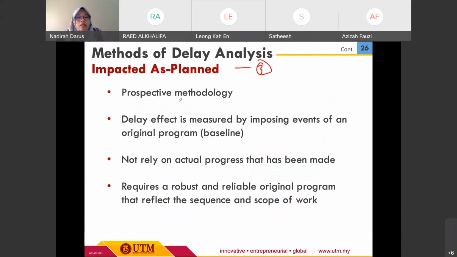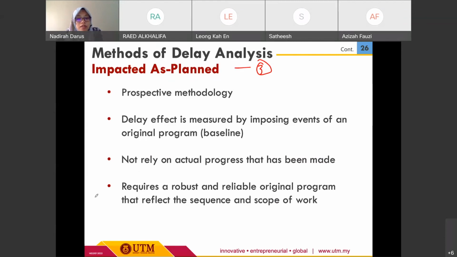It basically relates to the prospective methodology, where the delay effect is measured by imposing events on an original program, or original baseline, which does not rely on the actual progress that has been made.